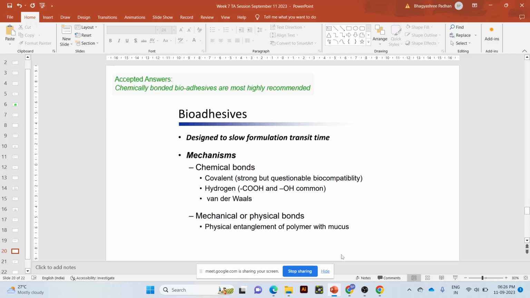Rest of the options are correct. Bioadhesives are designed to slow formulation transit time, and chemical bonds like hydrogen and van der Waals is fine, but covalent bond, that is strong bonds, are questionable because of their biocompatibility issues. And physical entanglement of polymer with mucus can also be another mechanism for bioadhesives.